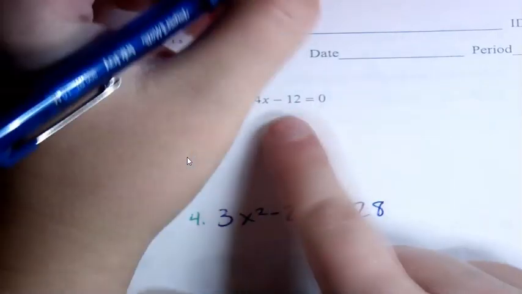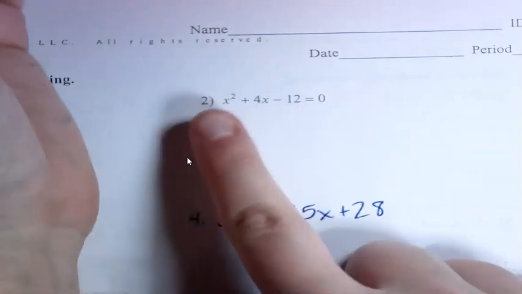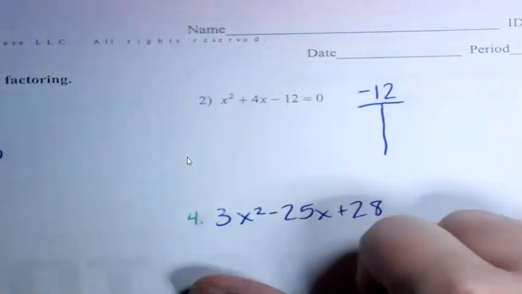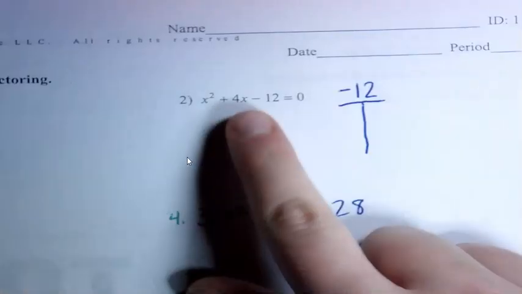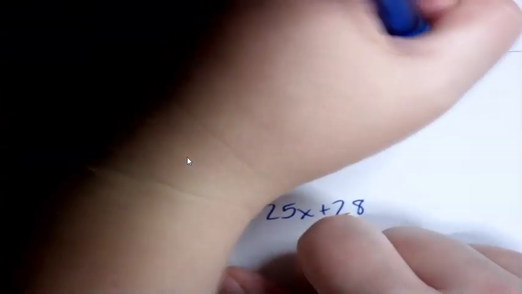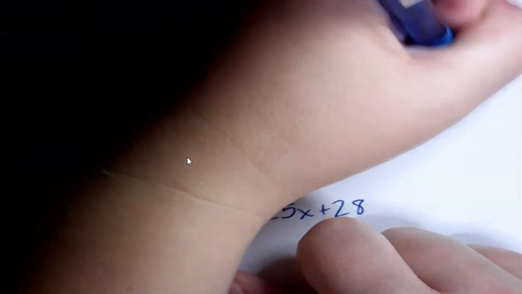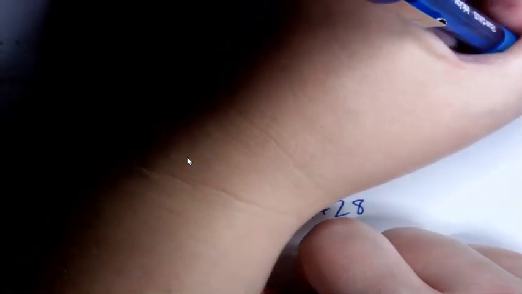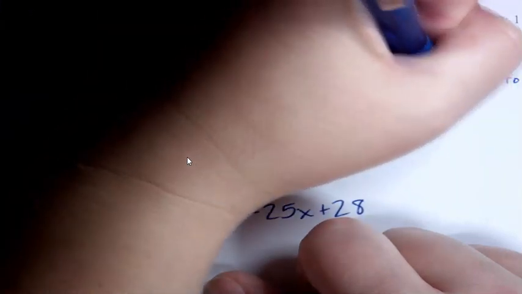You are going to take this number, your C coefficient, because it's A, B, and C, and you are going to find 2 numbers that multiply to equal negative 12 and add to equal positive 4. So I'll write that over here, to jog your memory. Multiply to equal negative 12.